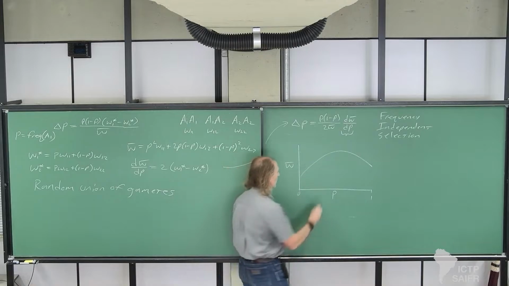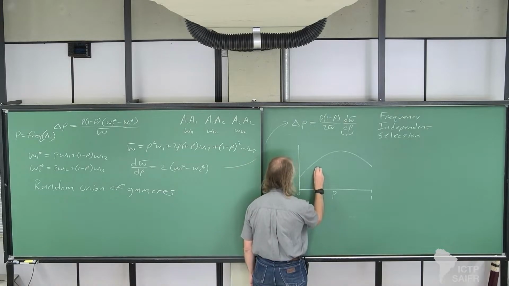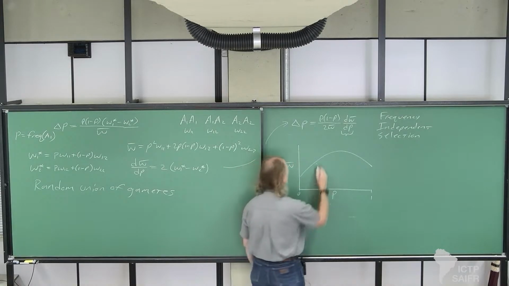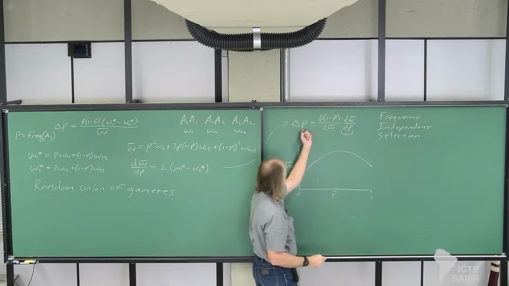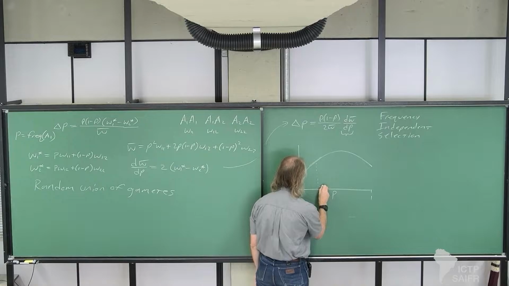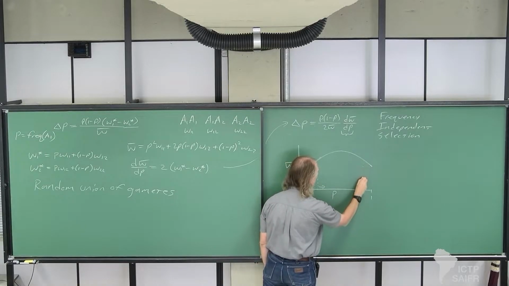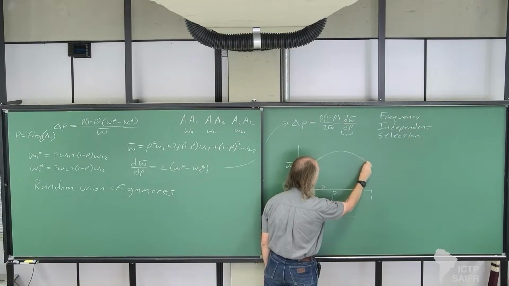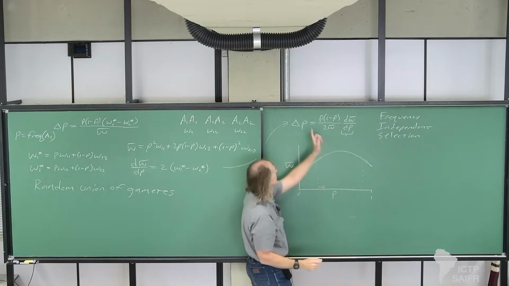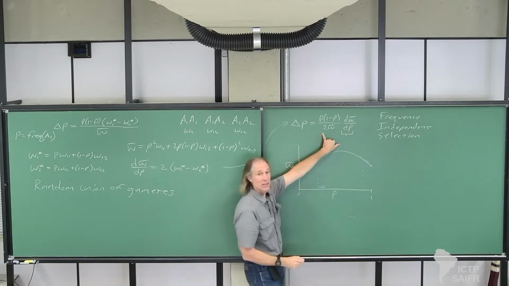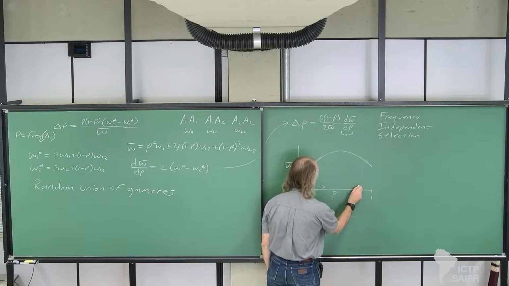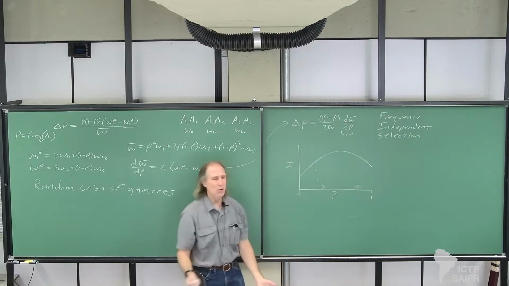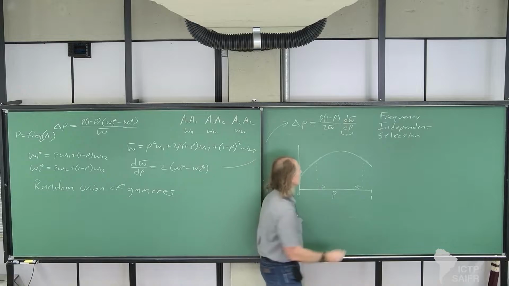Over here, if I pick a point down here, the slope's positive, right? So the derivative is positive. And so since that's positive, delta P is positive, P increases. If I go over here, the derivative is negative. Since that's negative, the whole thing is negative because it determines the sign, and so delta P is negative and it decreases. And of course, when that's 0, the whole thing is 0.